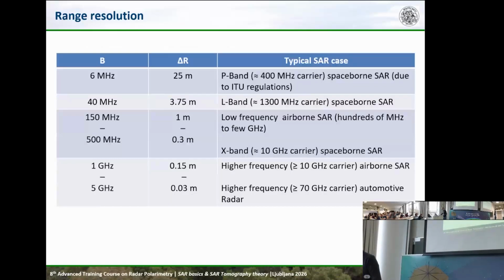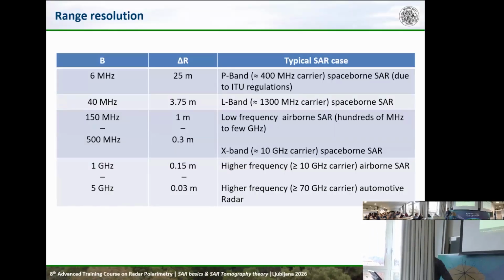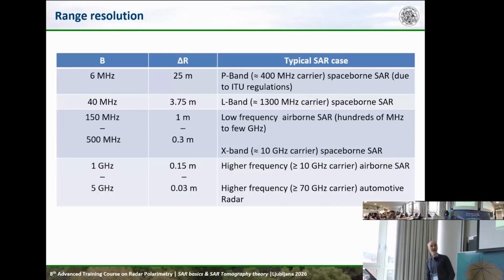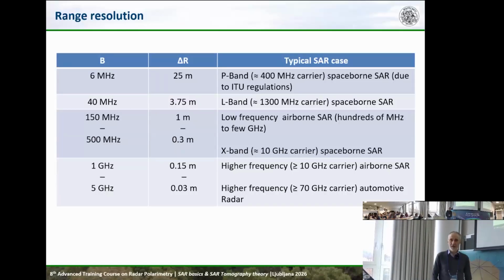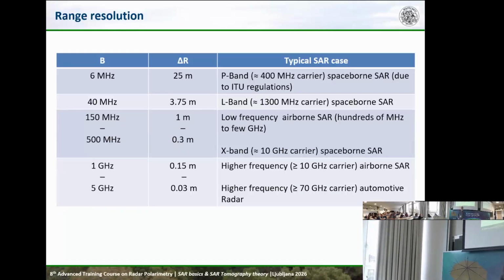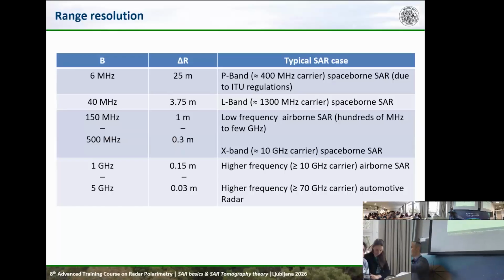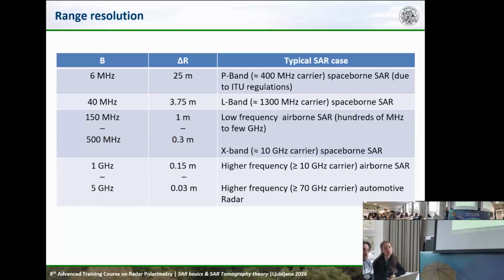I think that, okay, just some example. Biomass has a bandwidth of 6 megahertz. This is because the bad guys of telecommunications did not allow us to use a larger bandwidth. So, okay, because of the stupid TV, we cannot use a larger bandwidth, but it's okay.